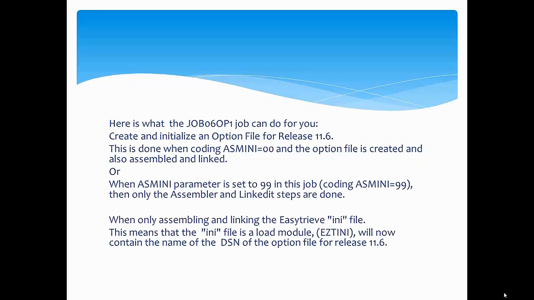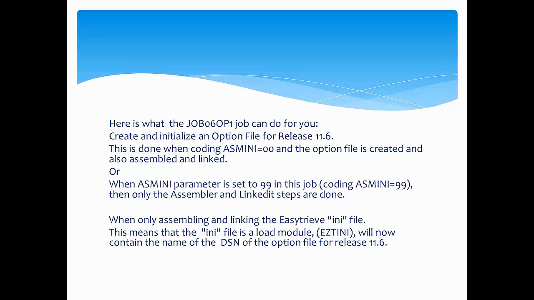So let's look in detail first at the JOB06OP1 job. Here is what it can do for you. And this does revolve around the ASM INI equals 00 or 99 parameter. If you want to create and initialize that option file for you, then you need to make sure that your ASM INI parameter is set to 00 in the JCL.